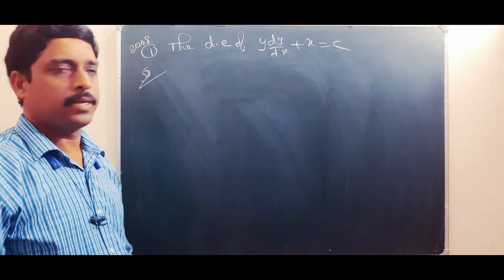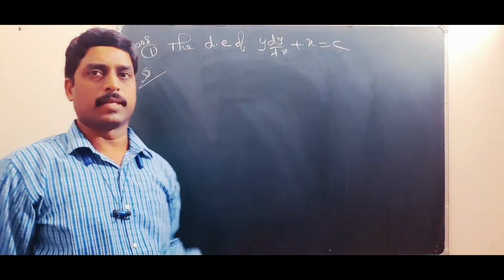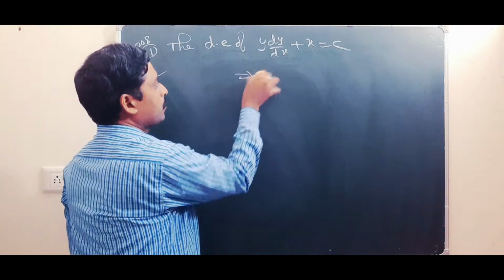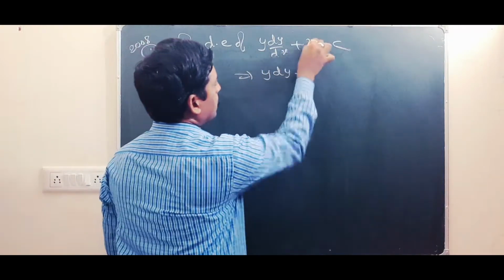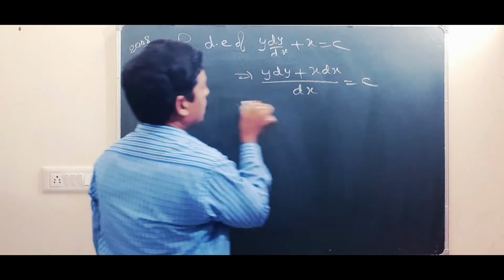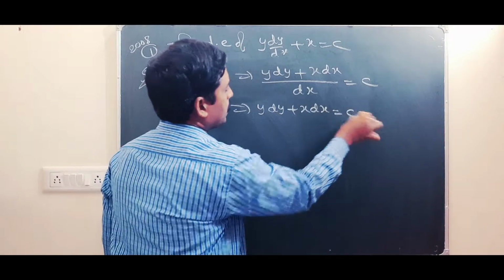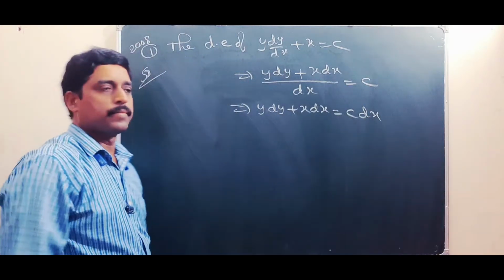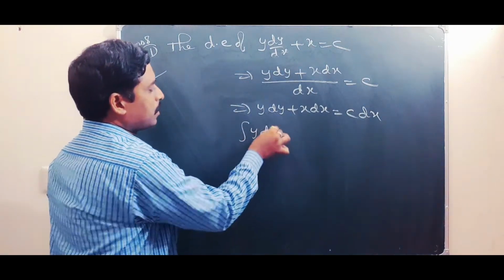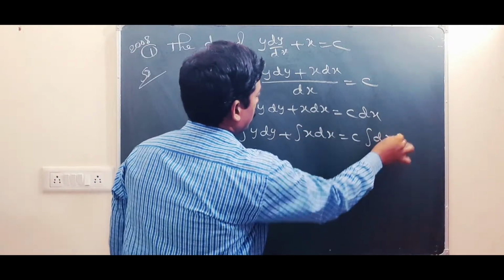This is from 2008. The differential equation: y dy by dx plus x is equal to c. Okay, so let us do LCM. (y dy plus x dx) by dx is equal to c. Let us do cross multiplication. y dy plus x dx is equal to c dx. Now taking integration on both sides: integral y dy, integral x dx, c constant, integral dx.